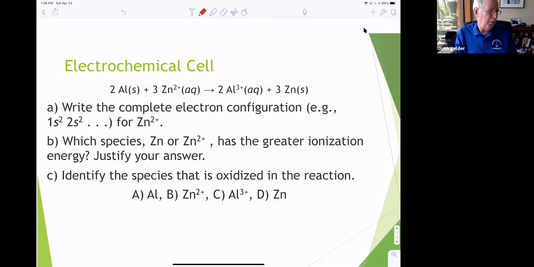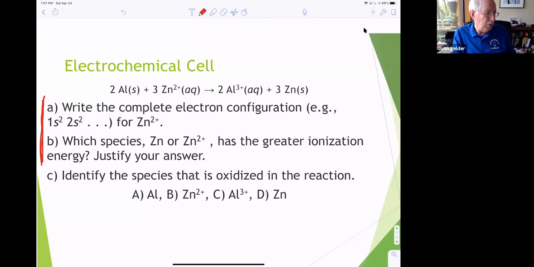We've got a reaction that I think quite clearly is an oxidation reduction reaction. The first 2 questions we're going to omit. I left them on there because we're getting close to the AP exam, and as you're well aware, some of the free response questions jump around in their topics.